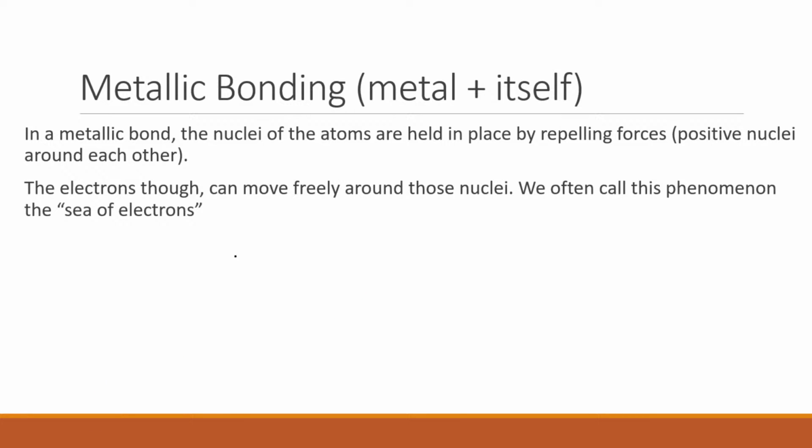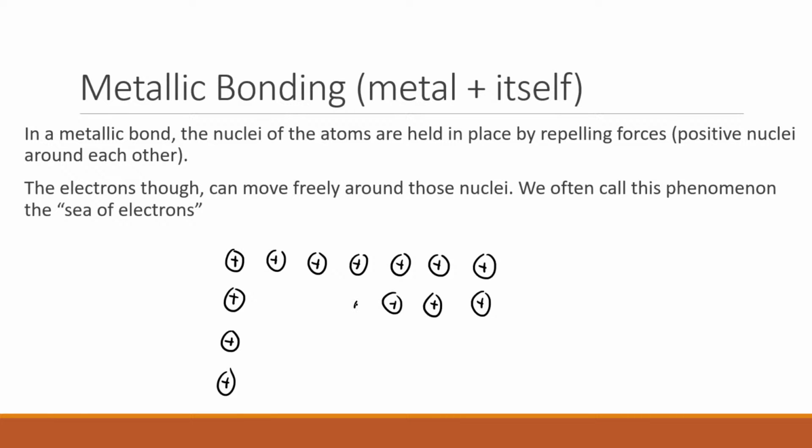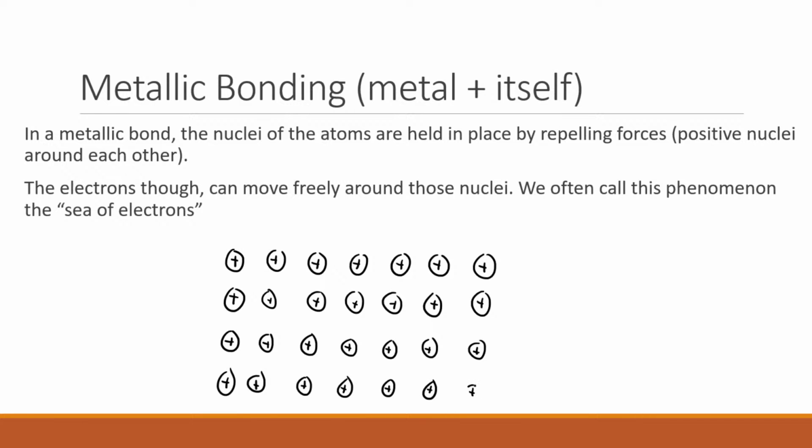If I draw a little bit bigger this time, let's go 1, 2, 3, 4, 5, 6, 7. All right, let's fill this in. If this is the picture I'm going to be looking at, if this is a metallic substance with metallic bonding, none of these positive nuclei can move because they're locked into place by the atoms on either side of them, right?